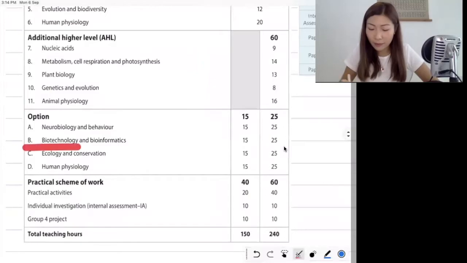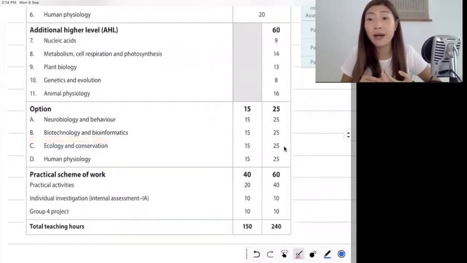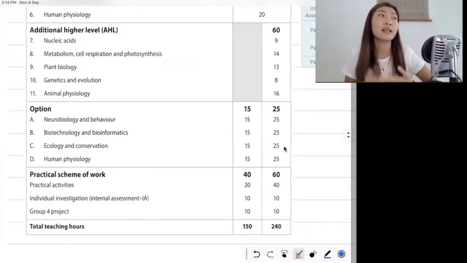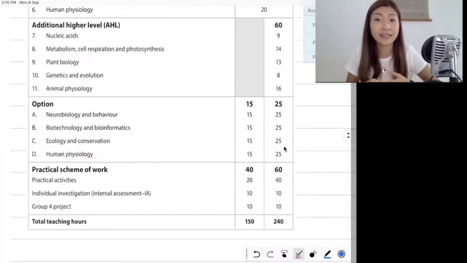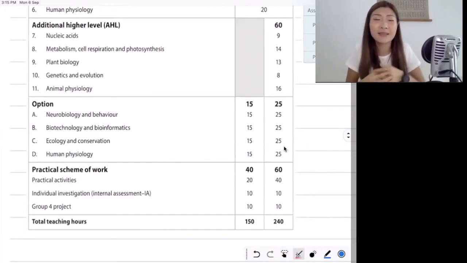And then option B is biotechnology and bioinformatics. That is actually a very technical subunit. You will be learning different types of microorganisms, and you actually need to remember the names of them. You also need to learn about, for example, COVID testing, so we'll be learning a little bit about the mechanism, something called real-time PCR.